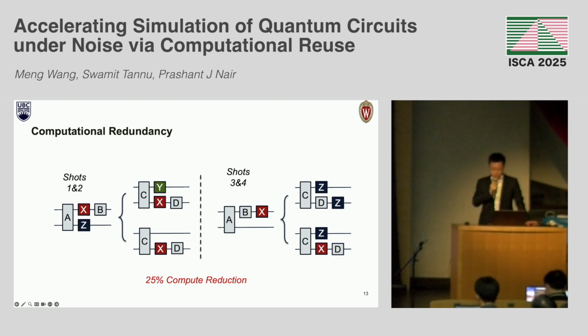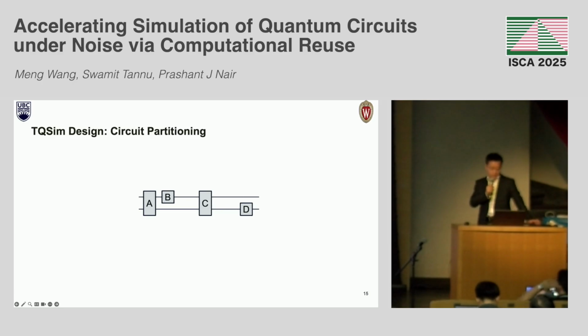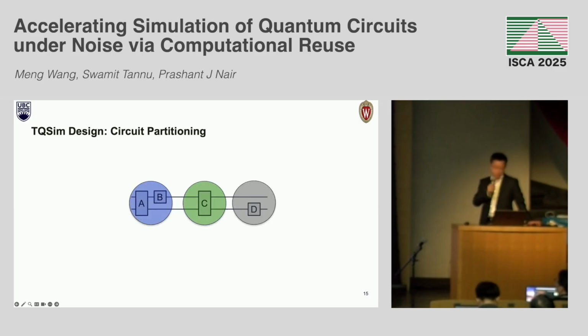Given this observation, we proposed TQSIM, a tree-based quantum circuit simulator, to leverage this redundancy to speed up the simulation. The first step in TQSIM is to partition the circuit into subcircuits. The partition takes multiple factors into account, including the available memory on our system, which limits how many intermediate states we can cache for reuse at a time.